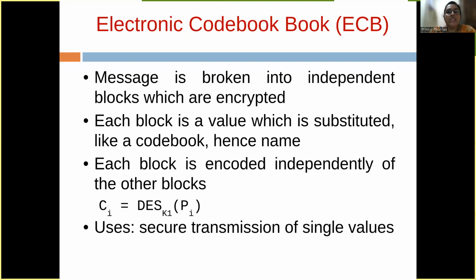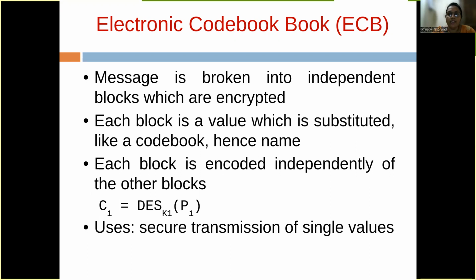Now, in the ECB mode, electronic code book, this is the encryption. It's just like a code book. So if we take one particular block of plain text, that block of plain text will always be mapped to one particular ciphertext.